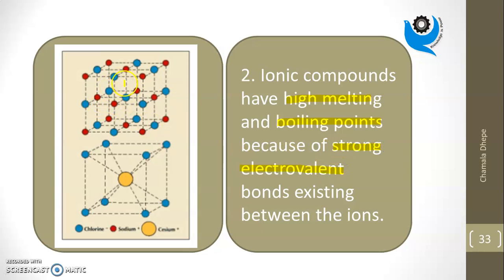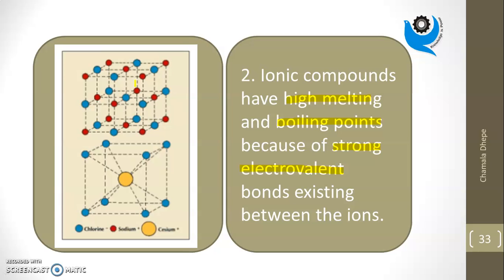See here, the red color at the center is sodium and the blue color is chlorine. This means there is a strong attraction between them. Hence, when you start heating them, it is not easily broken. Take the example of NaCl. You start heating it, and it does not melt immediately.